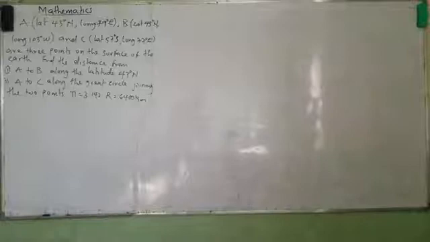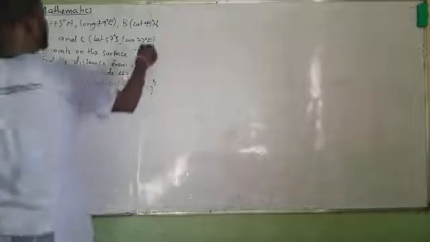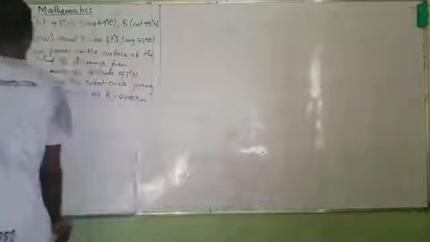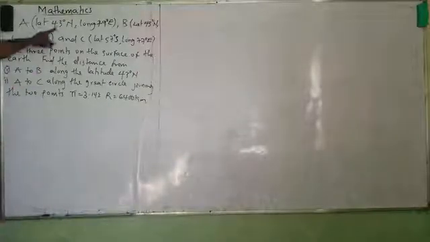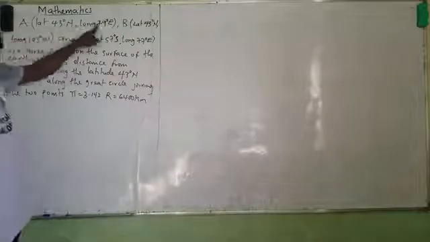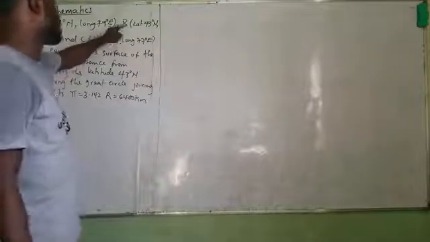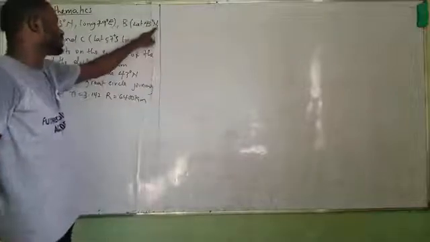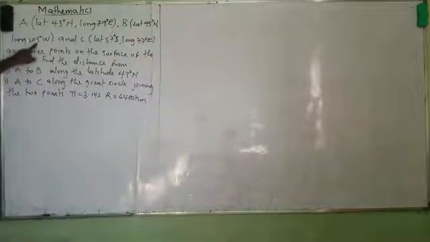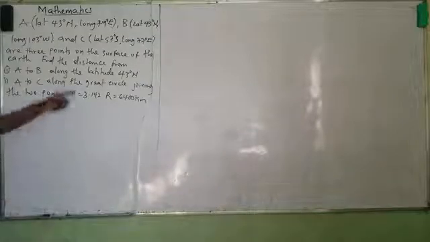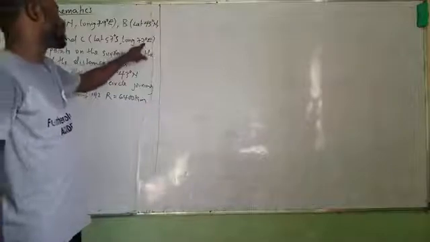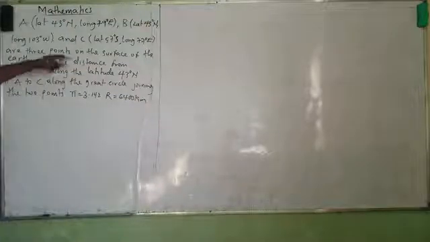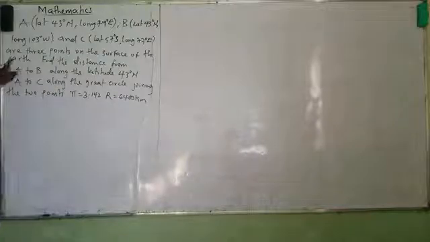Look at this. Now, let's work on this question, and let's see how we can do it. A, latitude 33 degrees north, longitude 79 degrees east. B, latitude 43 degrees north and longitude 103 degrees west. And C, latitude 57 degrees south and longitude 77 degrees east, are 3 points on the surface of the earth.